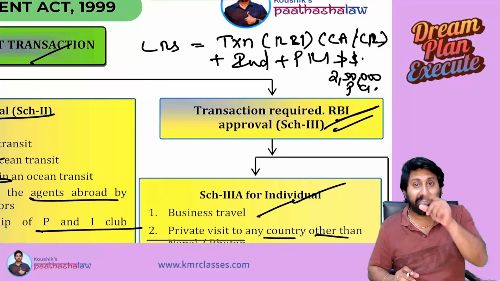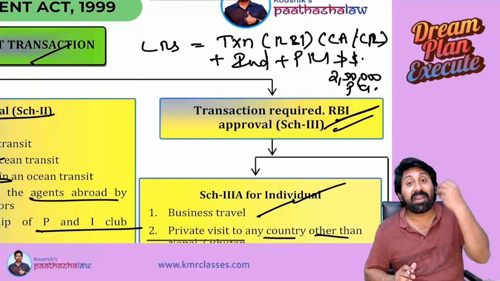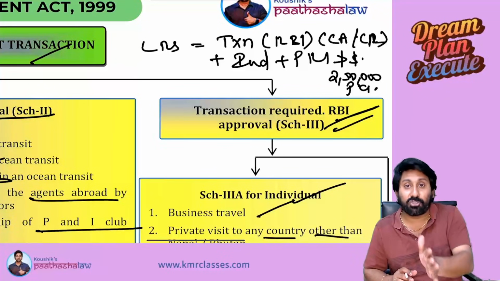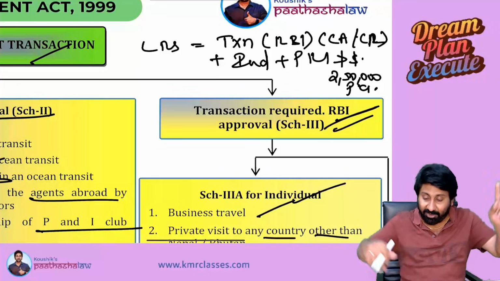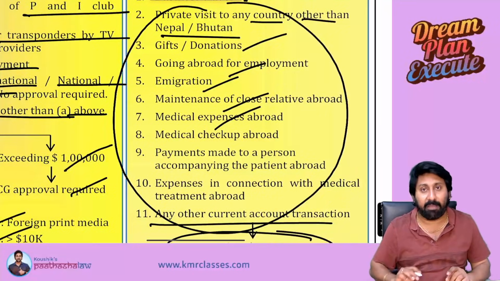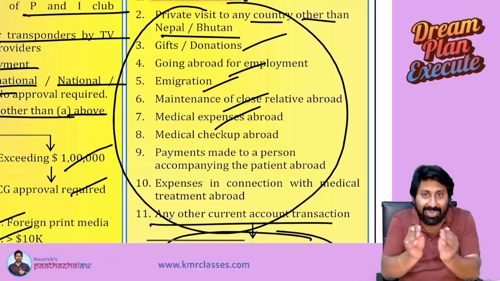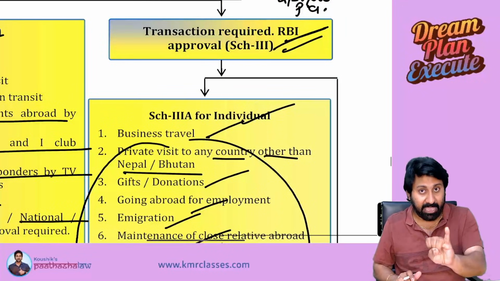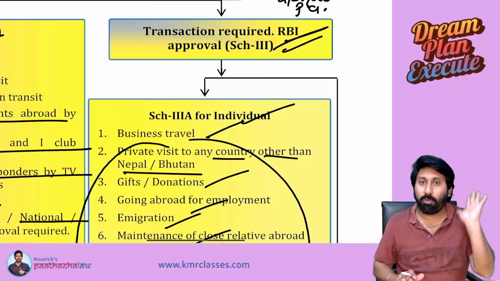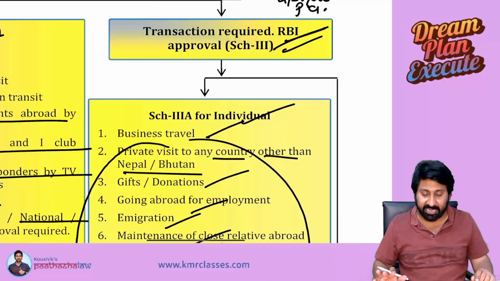For example, debt instruments are involved. Any transaction other than debt, non-debt instrument, general transactions, RBI permission required. Capital account, current account also, these transactions require RBI approval. Both together aggregate in one financial year, if it does not exceed 2,50,000 by a PRI, being an individual, then no permission is required. That is the Liberalized Remittance Scheme.